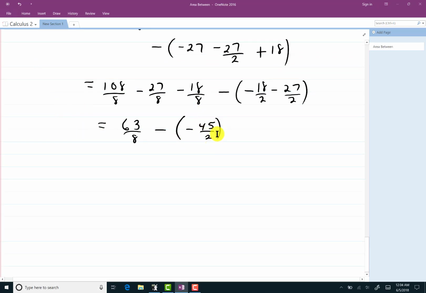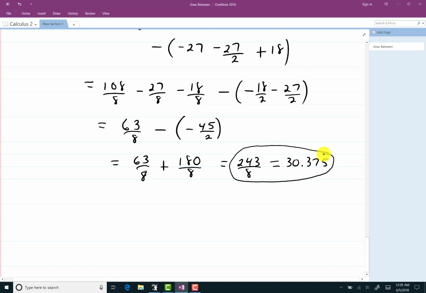I'm going to get this over 8, double negatives cancel, and I'll have 63 over 8 plus 180 over 8. And that equals 243 over 8. Or if you are one of those decimal fanatics, this is 30.375 exactly.